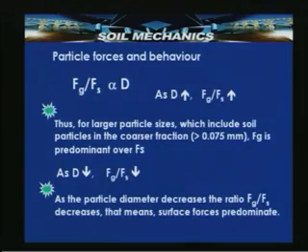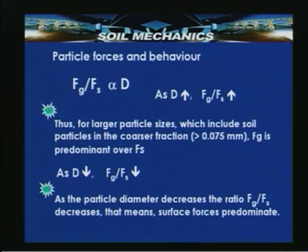That is, for bulky particles, Fg is predominant over surface forces.